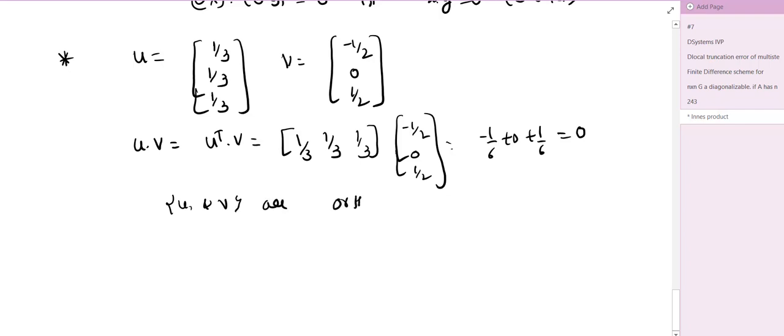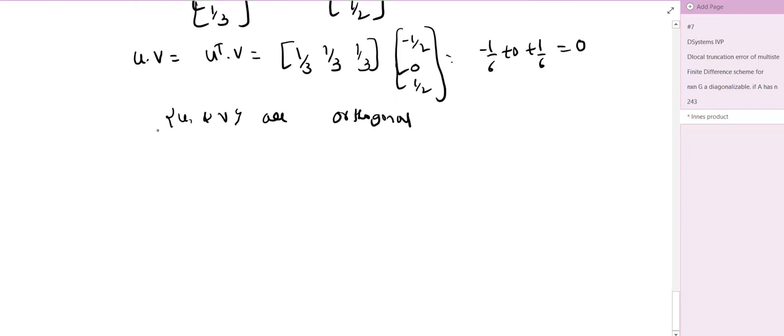Now, let's check whether they are unit vectors or not. For that, we need to check the norm of u, that is the length of it. The square of the norm of u is u dot u, which is 1 by 3 into 1 by 3 plus 1 by 3 into 1 by 3 plus 1 by 3 into 1 by 3.